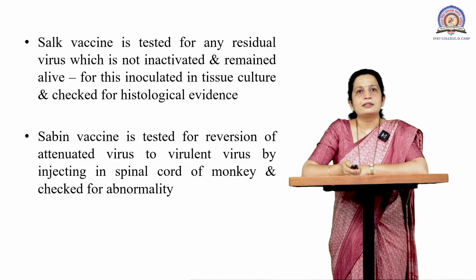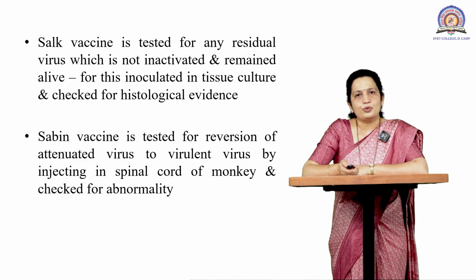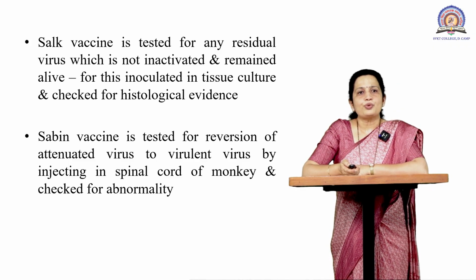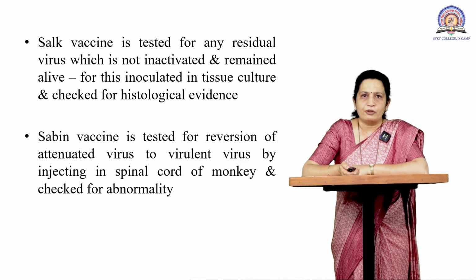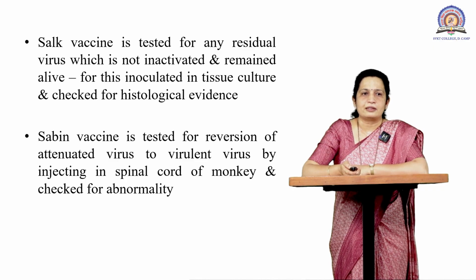So the final product that is inoculated in the tissue culture should not show any histological changes because it doesn't contain any live virus. But if there are any histological changes, then it indicates that it contains some live viruses.